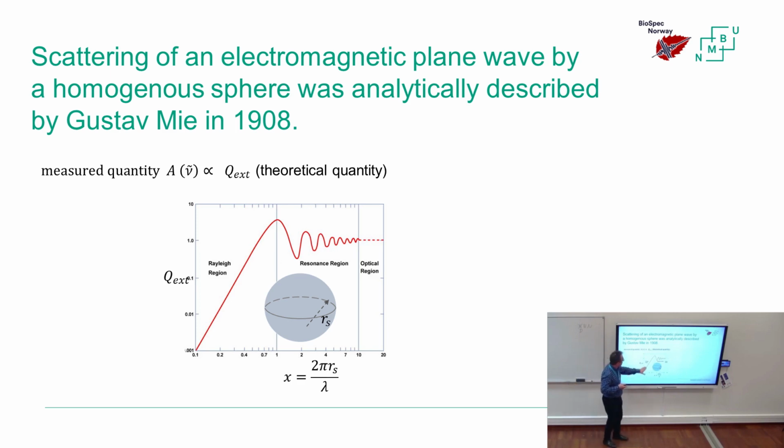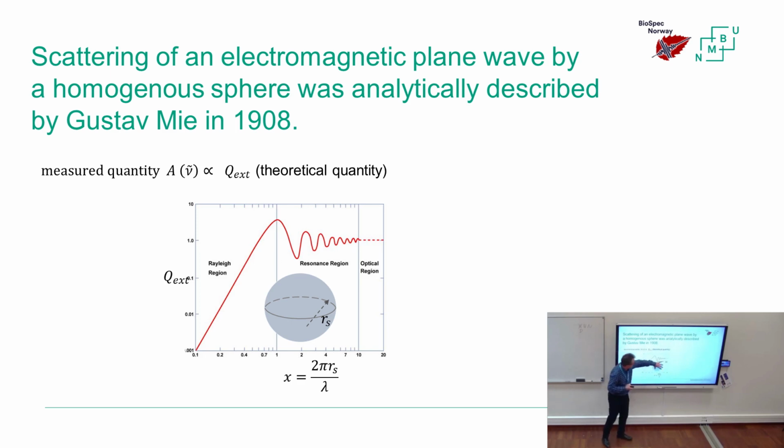So what I have got here is the theoretical quantity, which you can think of as being very similar to the absorbance, as a function of the size parameter x, which is in principle the ratio of the size and the wavelength.